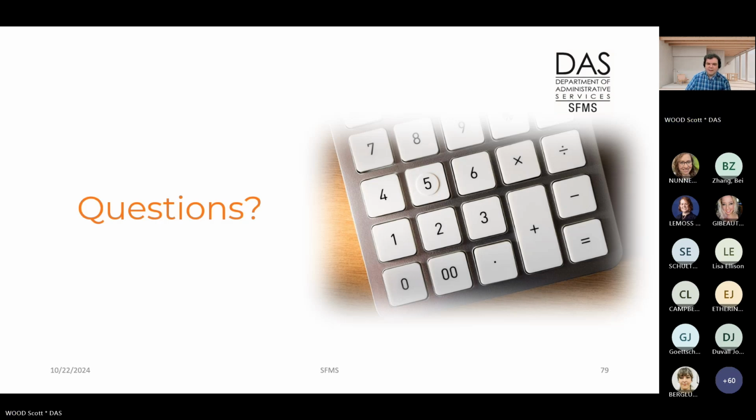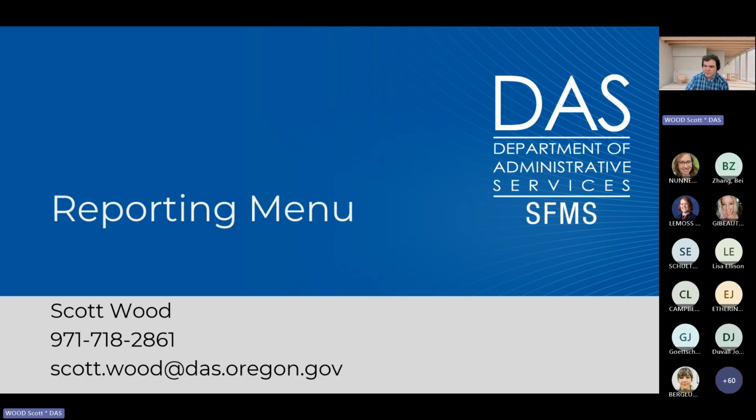Well, I believe it's time to move on to the reporting menu. This will be a much more relaxed topic to close out everything. So how do we find the reporting menu?